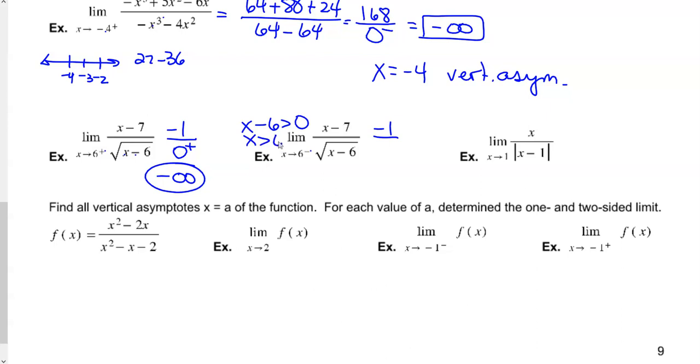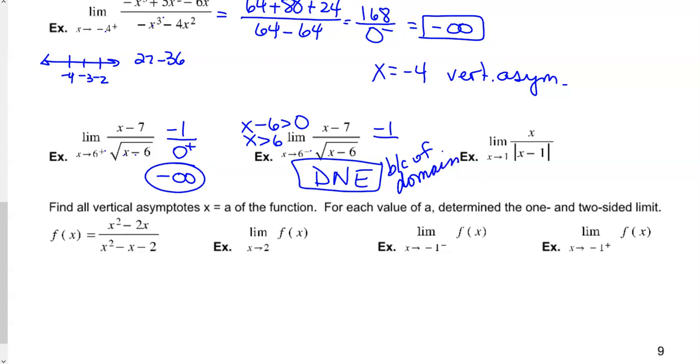So I can only really choose values for this function where x is greater than 6 out of the domain. So because I'm going to the left of 6, this does not exist. It's not even a plus or minus infinity. It does not exist because of the domain. Okay? All right, very good.